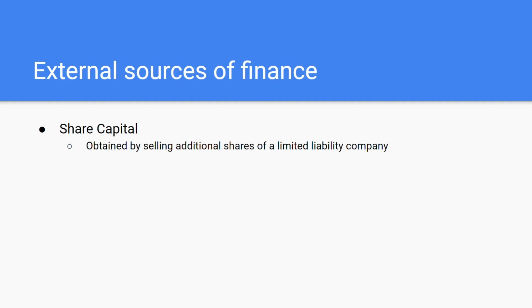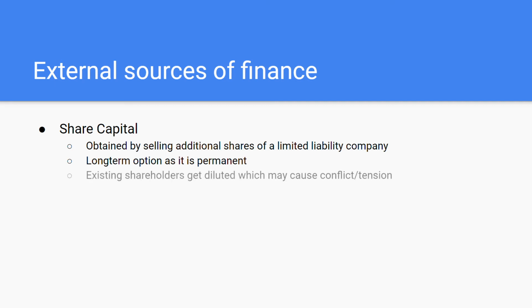So if a company is a limited liability company, it is able to sell new shares to other or even existing shareholders, and this will bring in permanent finance. And this is a long-term option, as I just said, because it is permanent and you do not have to pay it back.